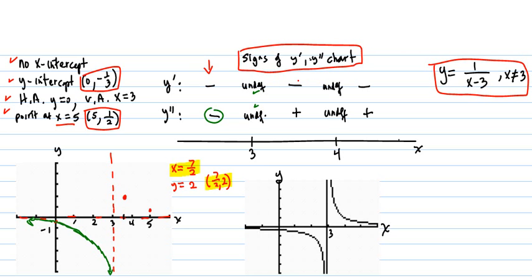Now we see that the function is decreasing. There's an asymptote at 3, and it's concave up because of y double prime being positive. So it's going to decrease, but concave up. It's going to have to go through that 5 point. And here. Now after 4, we have a little open circle here. So let me draw that again. We have an open circle at 4 where there is a hole there.